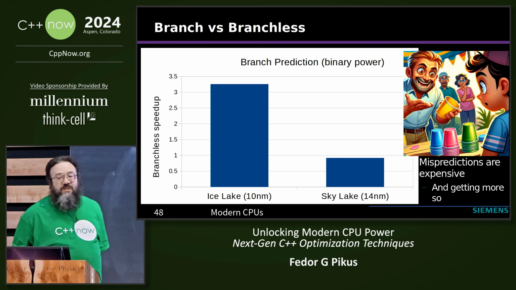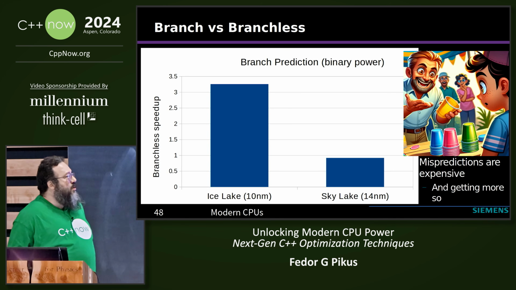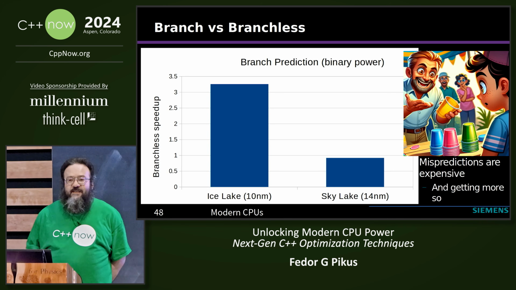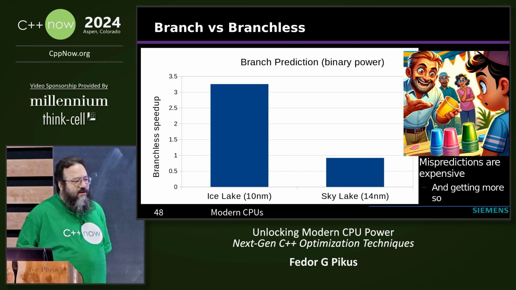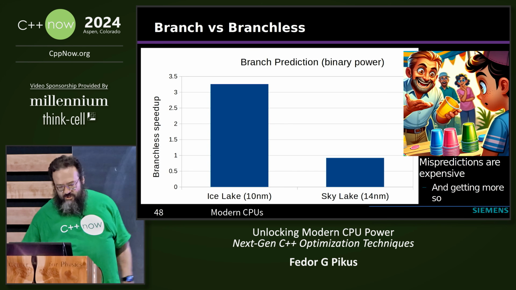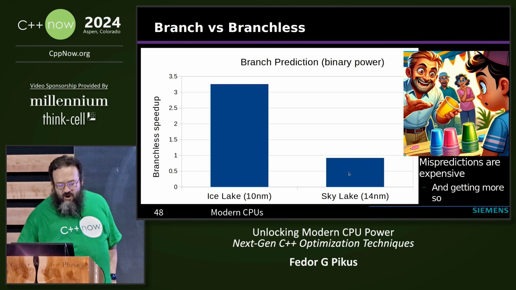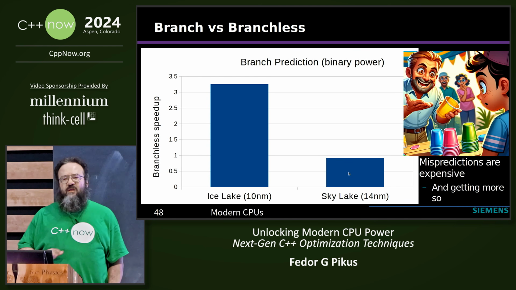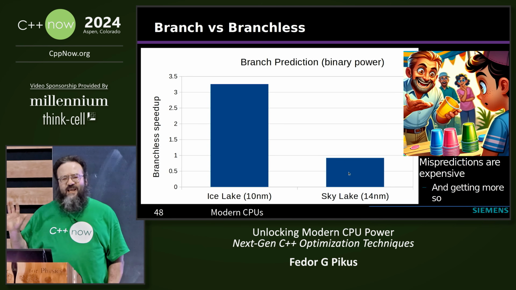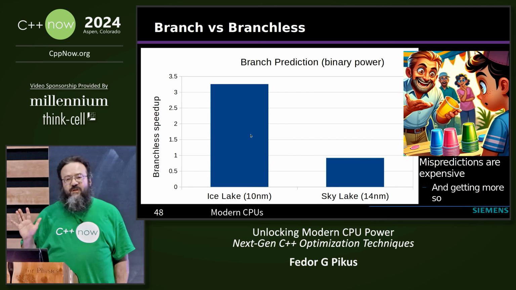Branch misses are getting more expensive, and on the other hand, the superscalar power is getting bigger, so both trade-offs point to one outcome. On the Skylake, branched and branchless run at pretty much exactly the same speed, like 96%. On the Ice Lake, branchless runs 3.3 times faster.